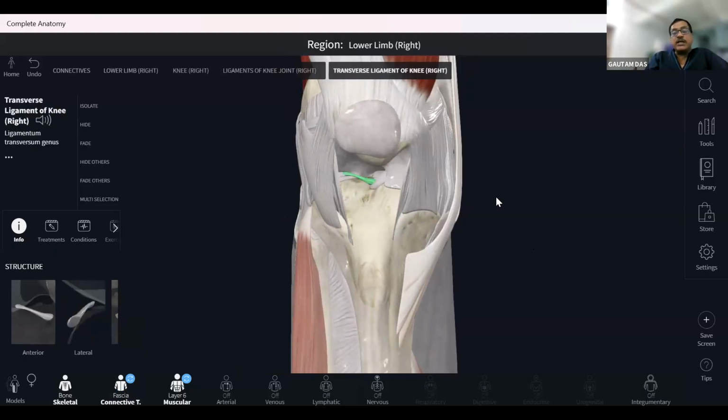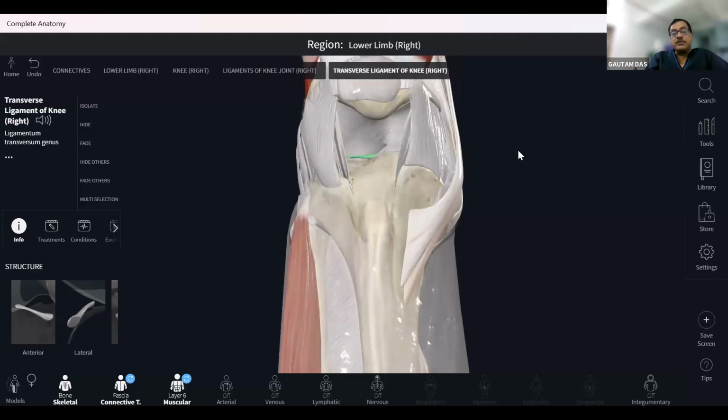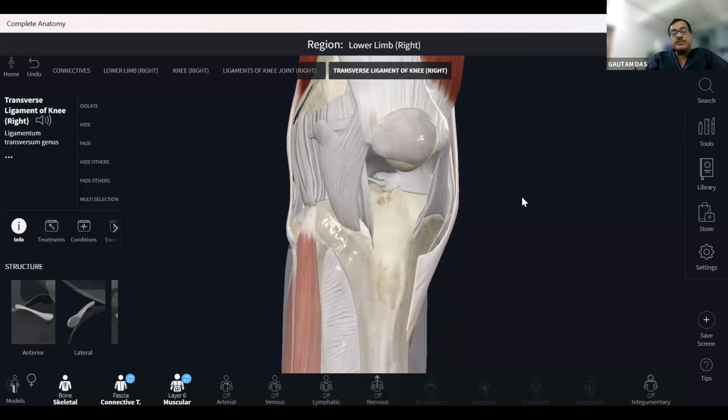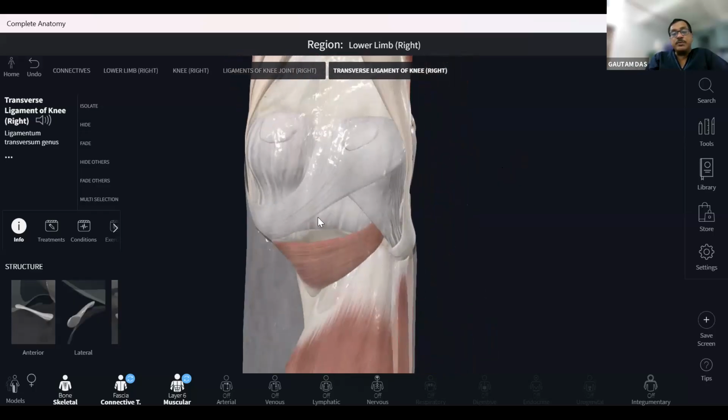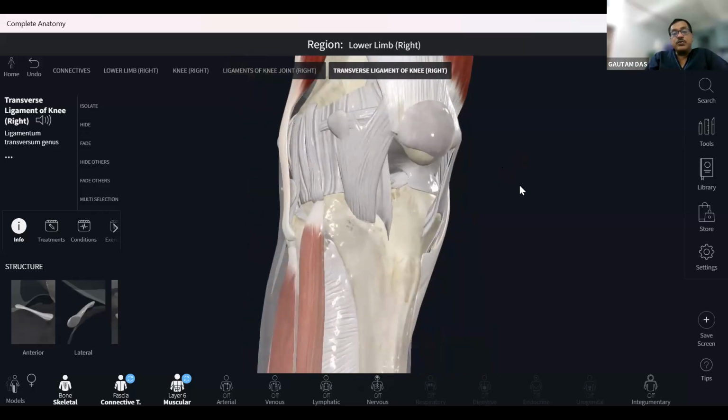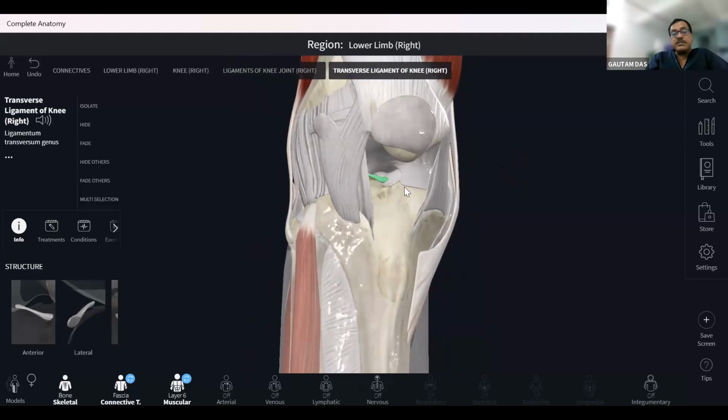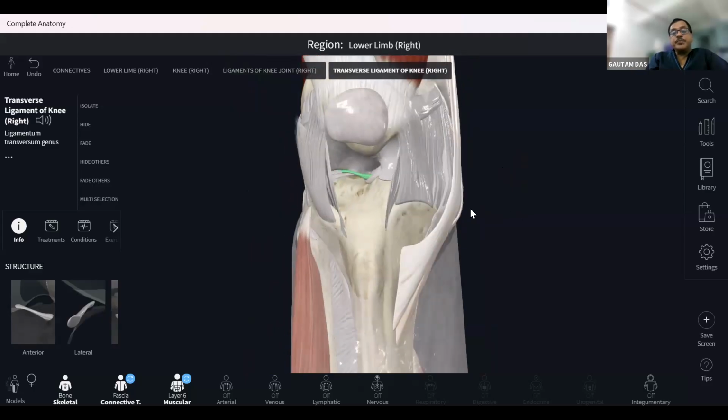And it gets attached to the lateral condyle, the medial part of the lateral condyle. I'm unable to show this anterior cruciate ligament from here. So there is a V-shaped structure, a depression here, and this goes below the transverse meniscal ligament.